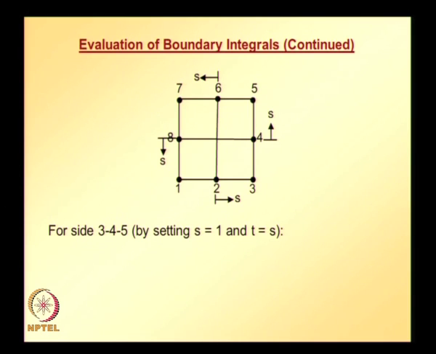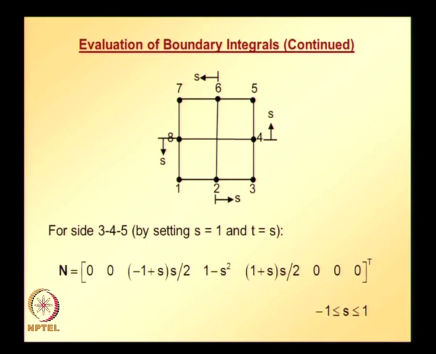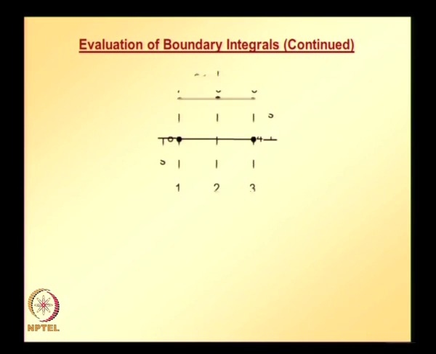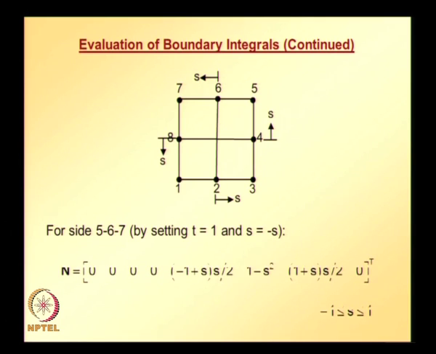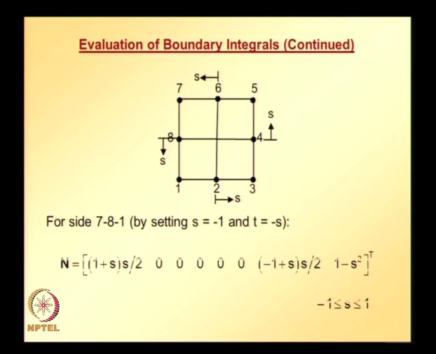Similarly, for side 3, 4, 5, side 5, 6, 7, and for side 7, 8, 1. So, we got the shape function vector along each of these sides.